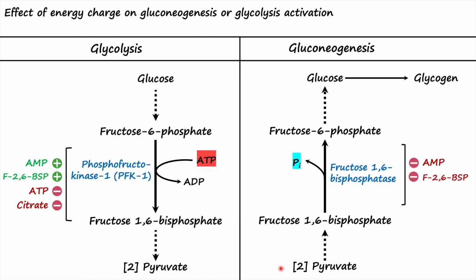ATP and citrate can actually inhibit the phosphofructokinase 1 enzyme to inhibit glycolysis, whereas an increased level of citrate, which indicates the energy charge of the cell is high, can actually activate the gluconeogenesis pathway to synthesize glucose, and this glucose, which is formed here through gluconeogenesis, can then be stored as glycogen. So this is the effect of energy charge on the glycolysis and gluconeogenesis pathway at the interconversion of fructose 1,6 bisphosphate and fructose 6 phosphate.